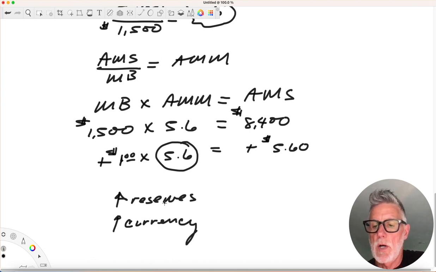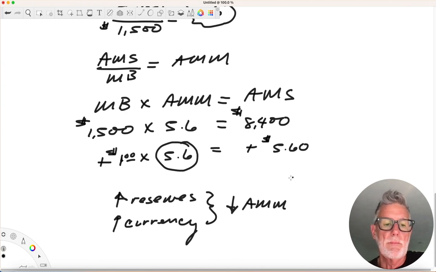Reserves include deposits with the Fed and currency in bank vaults. This is currency in circulation. So when there's a lot of currency holdings and a lot of reserves, the actual money multiplier is going to be relatively low. You'll see this as we start playing with the data.